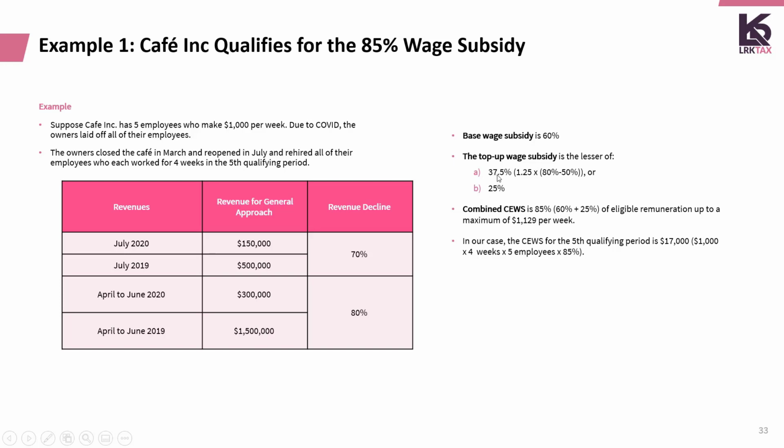It's the lesser of, so you won't ever go over the 25% cap. Suffice to say, in this particular case, it is 25%, just because the decline is greater than 25% based on this formula. So essentially, our subsidy is the base subsidy of 60% plus 25% equals 85%. So 85% times $20,000 is $17,000. That is how it's possible in a scenario to get an 85% wage subsidy, which is better than the original 75% wage subsidy.